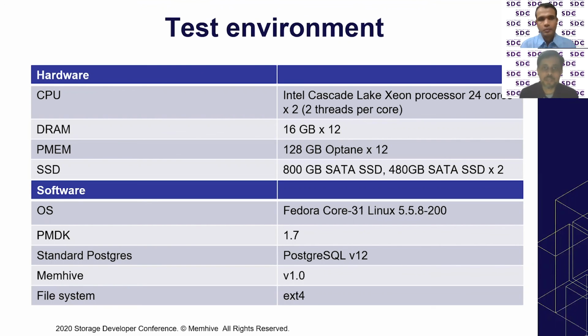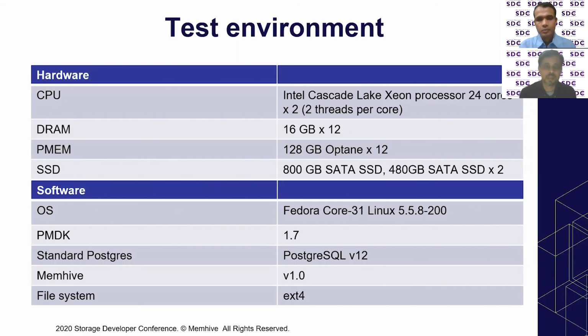Now, let me talk about the test environment. As I was saying, Intel has provided us one of the servers in their cloud, which has 2 sockets, each processor having 24 cores. And each socket has been populated with memory banks, both DRAM as well as persistent memory. For DRAM, we have 16 GB modules, 6 on one socket and 6 on the other.